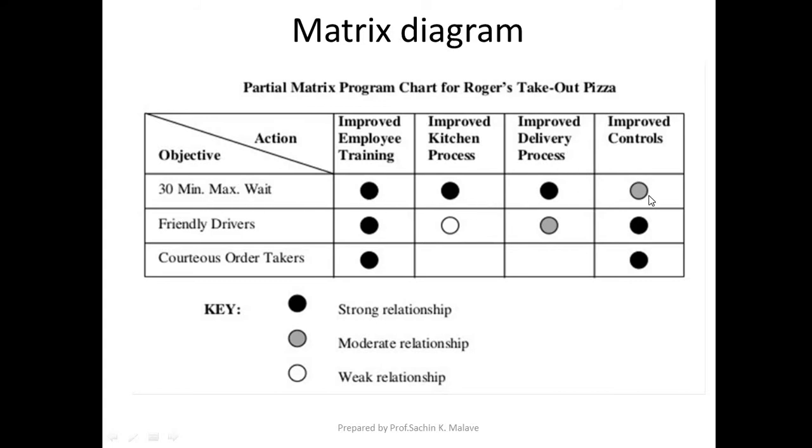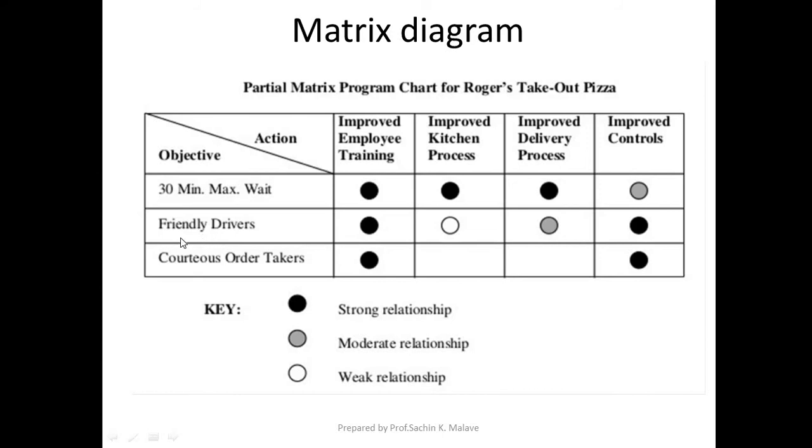But the relationship between this objective and this action is a moderate one, isn't it? So if I want to achieve this objective, I have to concentrate on these three actions, isn't it?